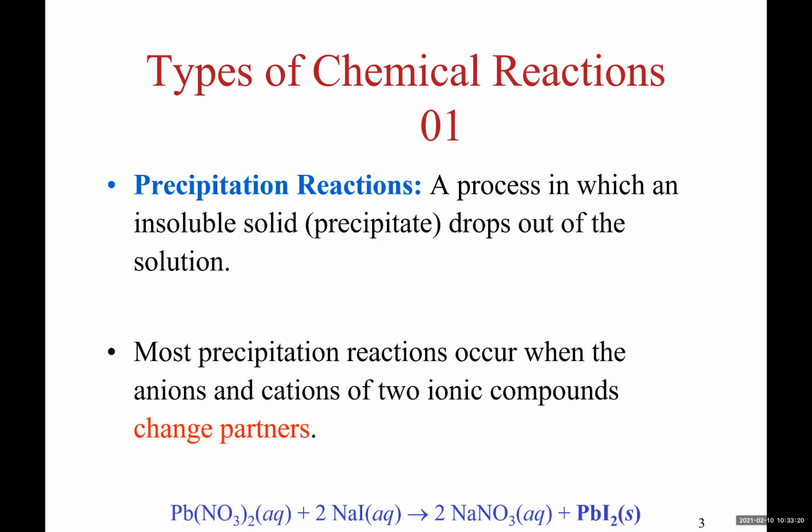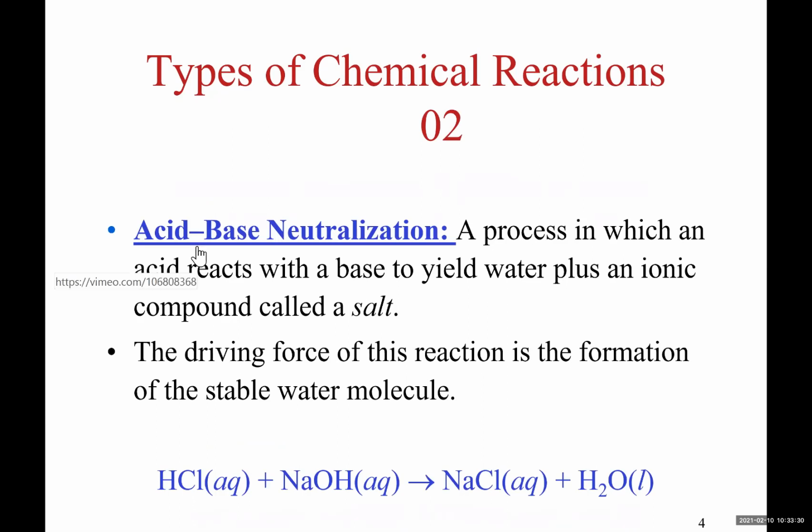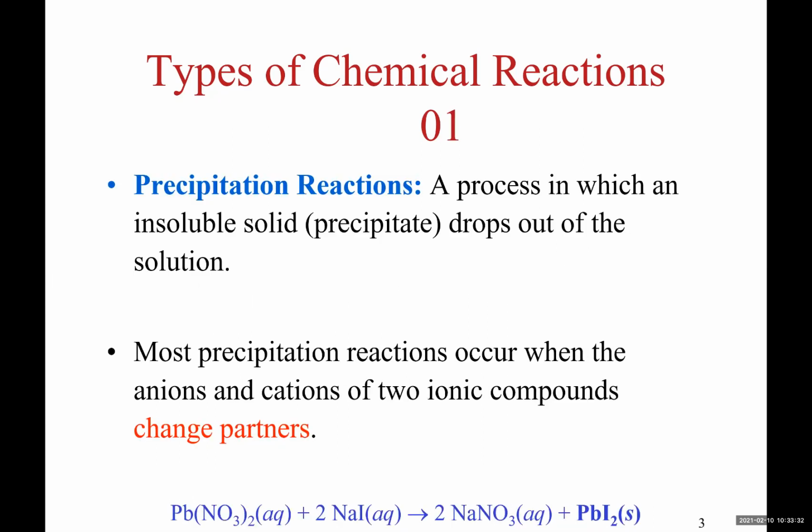We call it aqueous. And we know based on solubility rules, based on a table which shows what compounds are water soluble and what are not, we also know sodium nitrate is water soluble, so I write aqueous. And then the solid which was not water soluble, based on experimentation, we already know it's PbI2, not NaNO3.